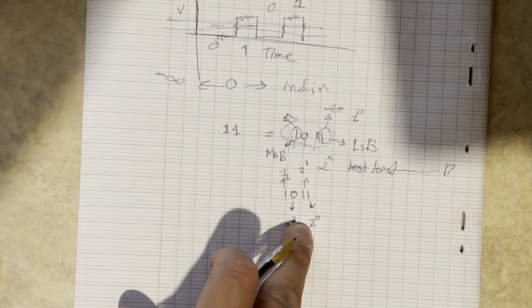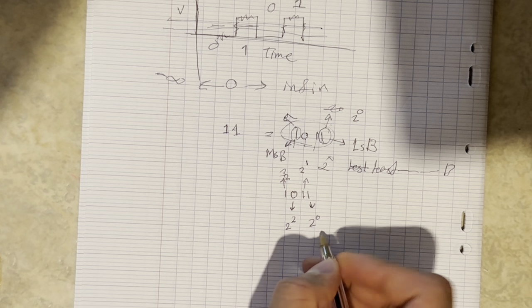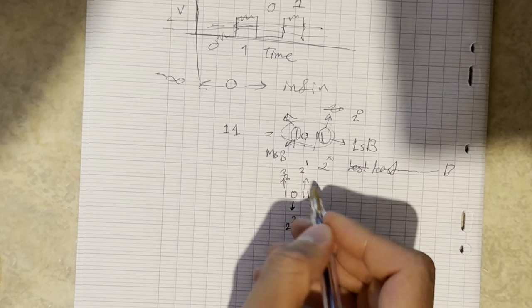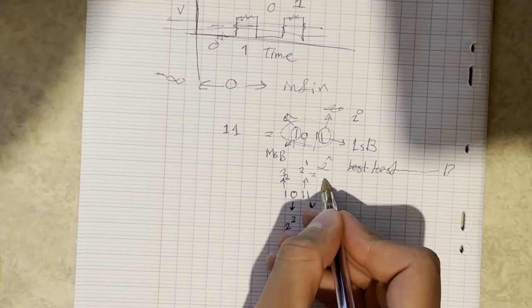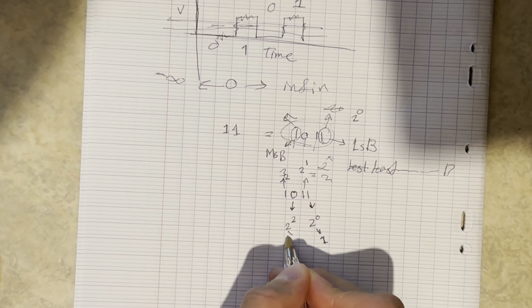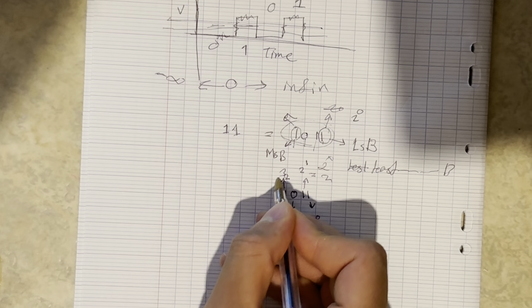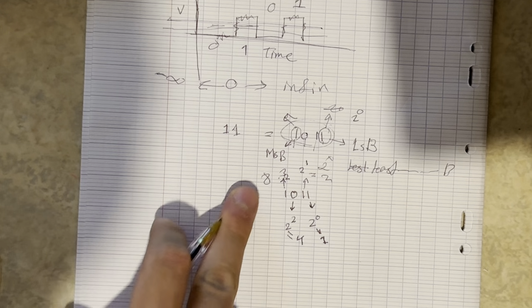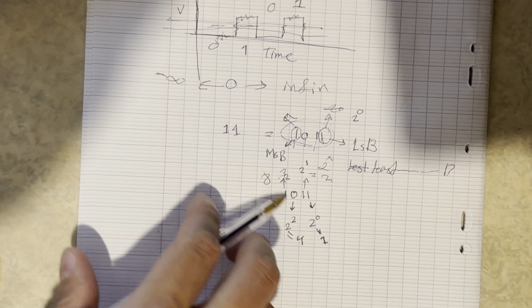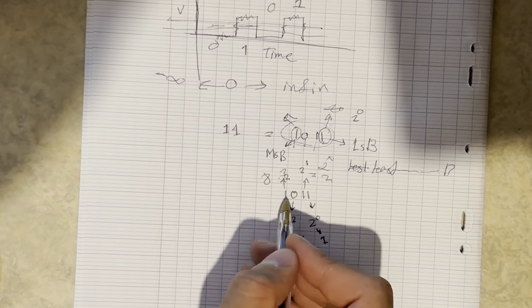We know 2 to the power of 0 is 1, 2 to the power of 1 is 2, 2 to the power of 2 is 4, and 2 to the power of 3 is 8. First of all, we look at which of these exist.